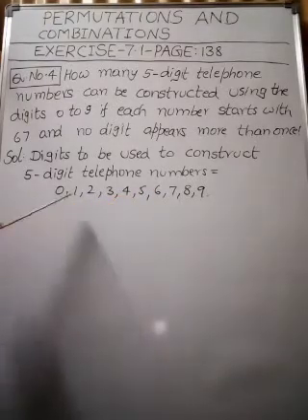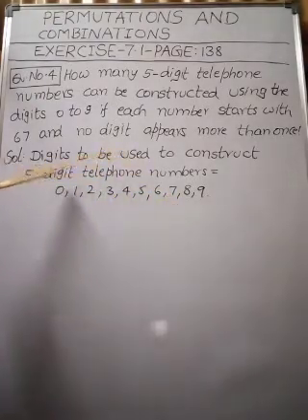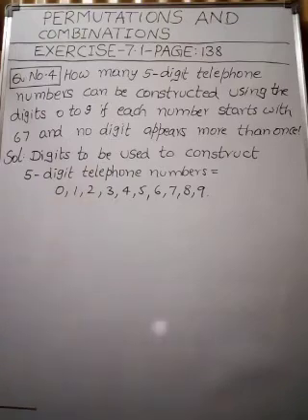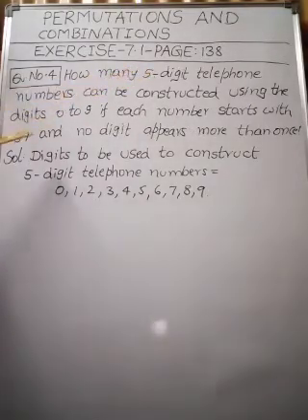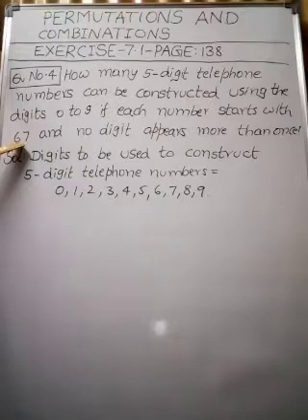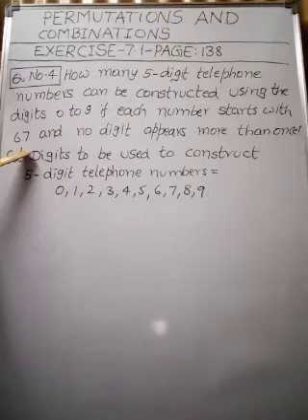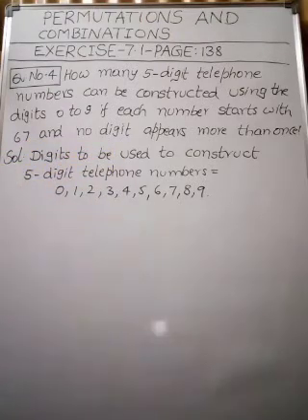These are the digits to be used to write 5-digit telephone numbers. Now let us take 5-digit telephone numbers which start with 67. Out of 5 digits, how many digits are given already? 2 digits are already given. How many digits are required? 3 more digits. Yes or no, my children?